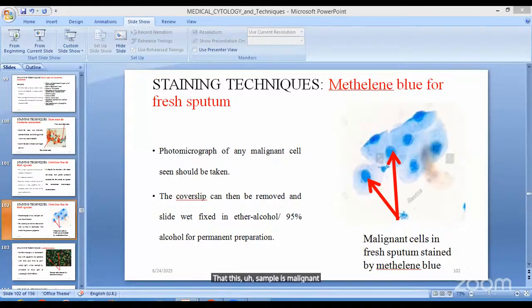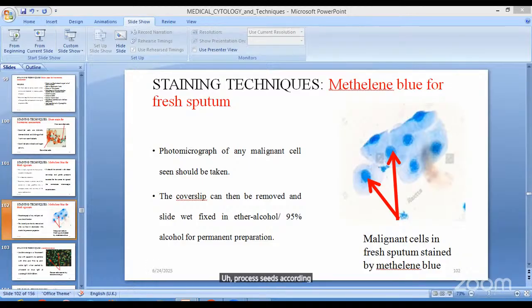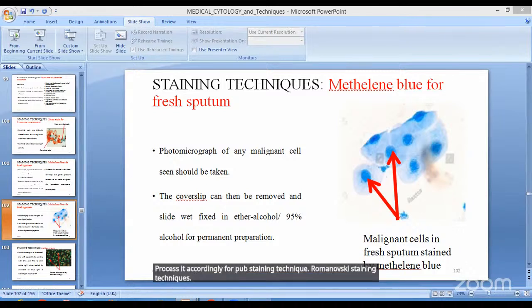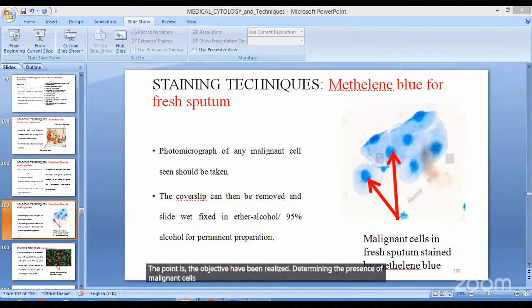Then the sample can be made permanent: remove the cover slip, fix it, and process it accordingly for Papanicolaou staining technique or Romanowsky staining techniques. The point is, the objective has been realized, determining the presence of malignant cells in fresh sputum.